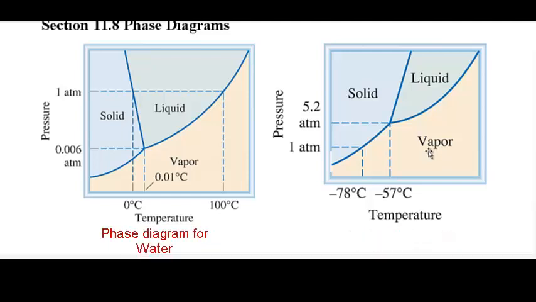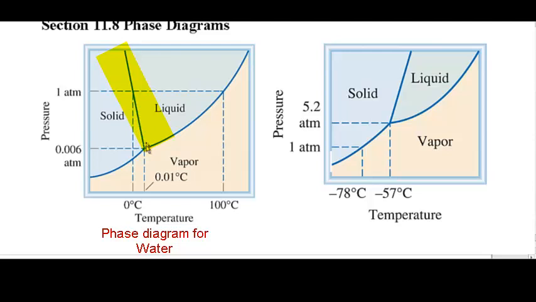One thing I want to bring your attention to is this slant. Another property of water stems from the phase diagram having this strange slant between the solid-liquid demarcation. This means that if you raise the pressure of a gas molecule, it's tantamount to lowering the temperature.